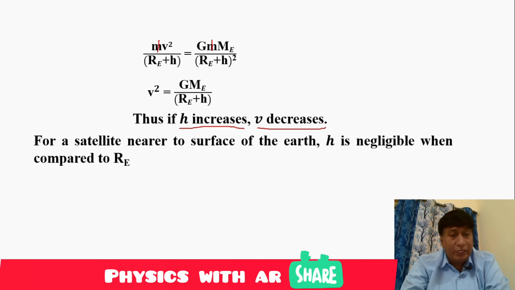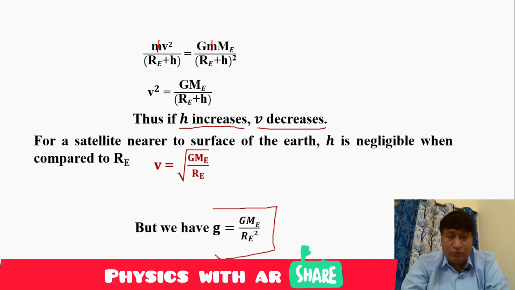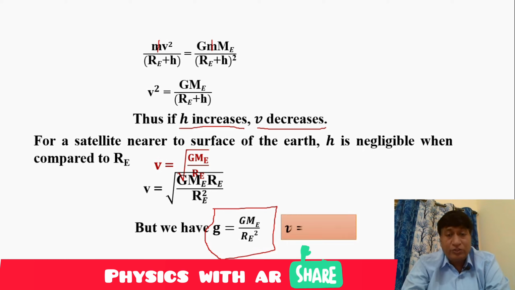We already know the relation between small g and capital G, which you have proved: small g is equal to G M_e by R_e square. With this we can write the value, and multiplying both sides by R_e, we get v is equal to root of g R_e, which we have obtained.